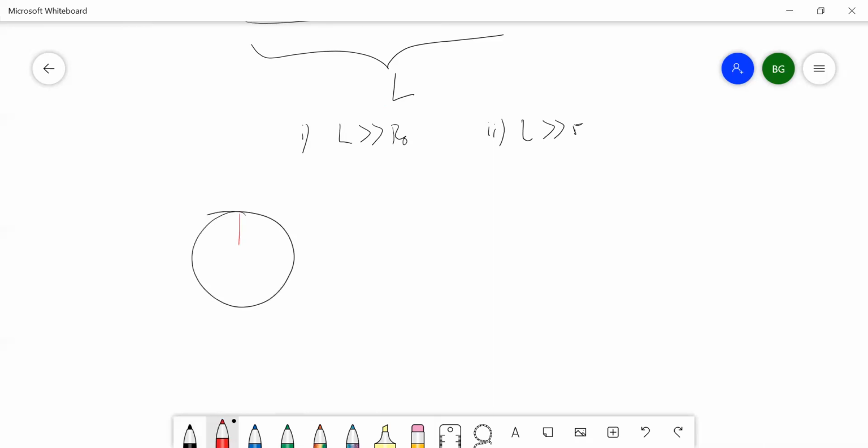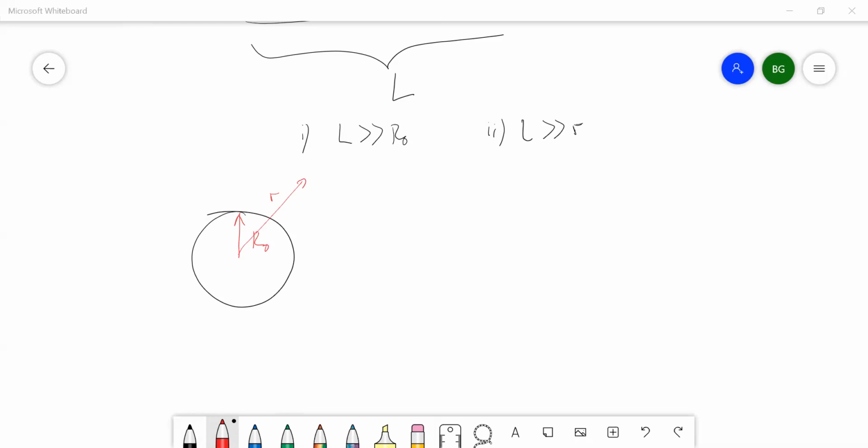This is R0, and the cylinder axis is outward to the board. And let's say R is the radius of the Gauss surface.